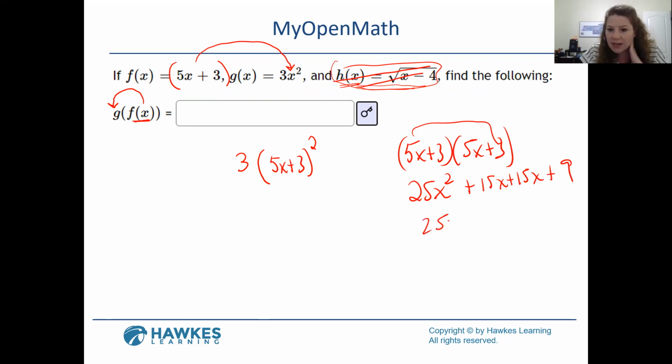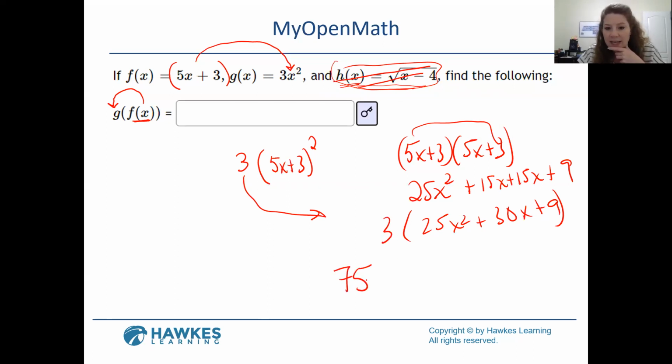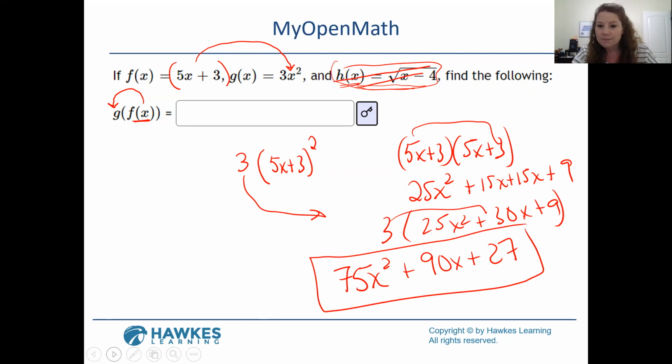So we have 25x squared plus 30x plus 9. And now we're multiplying all of that times 3. So 3 times 25x squared is 75x squared plus 3 times 30 is 90x. And 3 times 9 is 27. And that is our final answer.